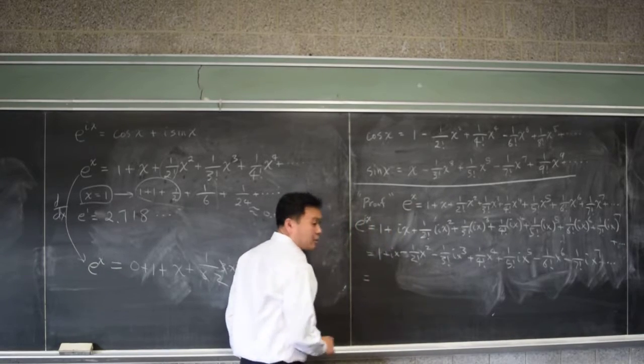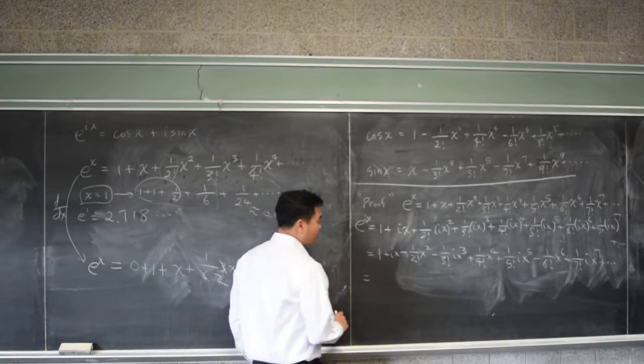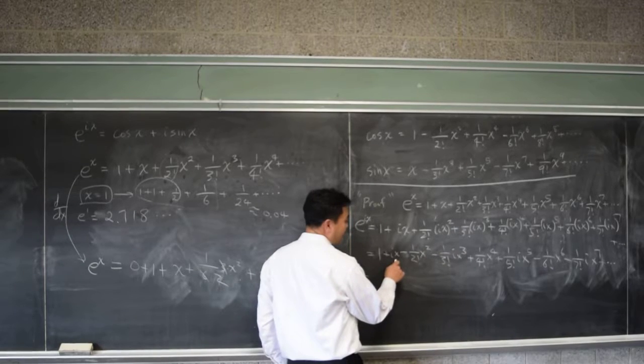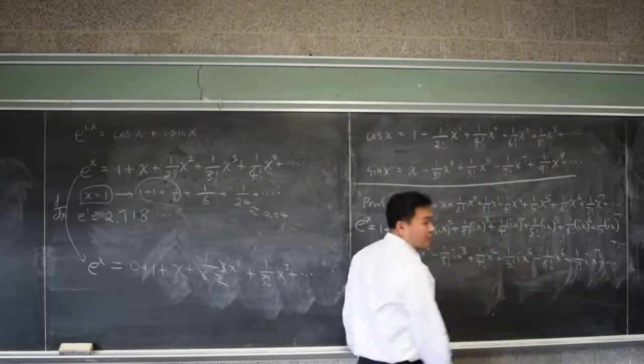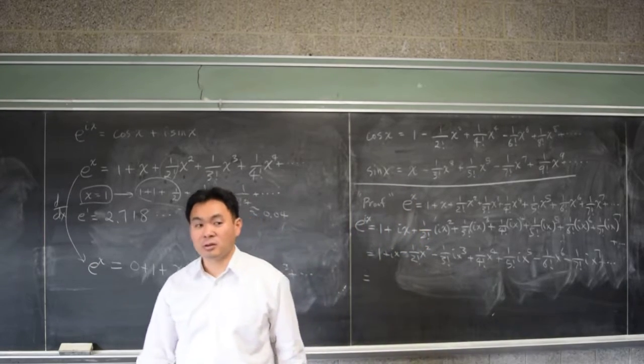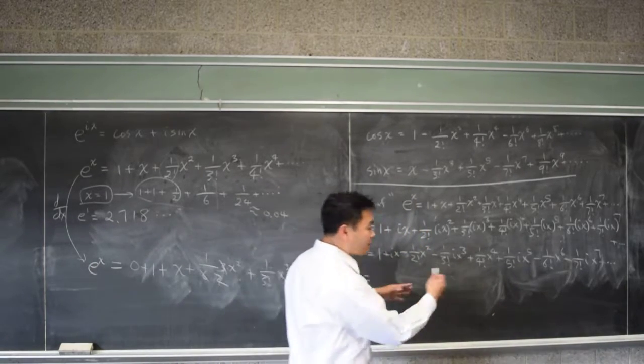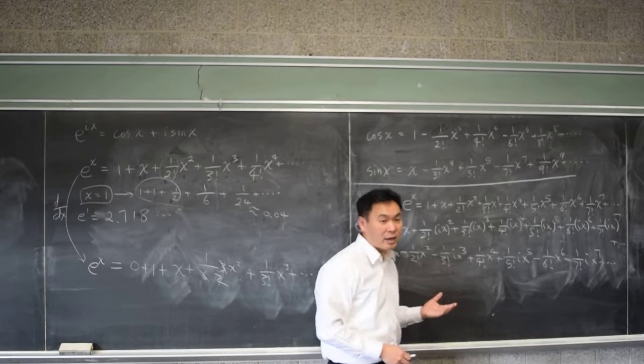Now collect the real part and the imaginary part. This is real, that's imaginary, that's real, imaginary, real. Anything that has i in there is imaginary, right? So I'm going to collect all the ones with i's, all the ones without i's.